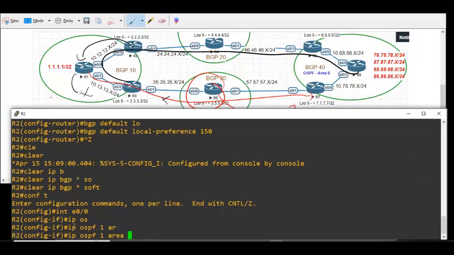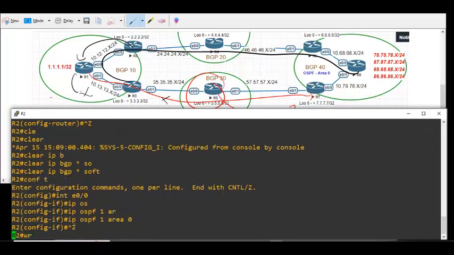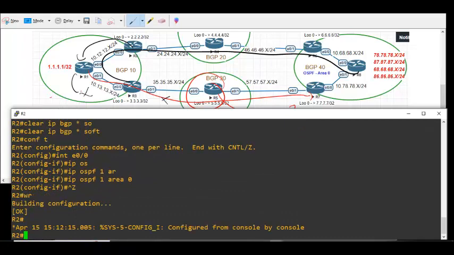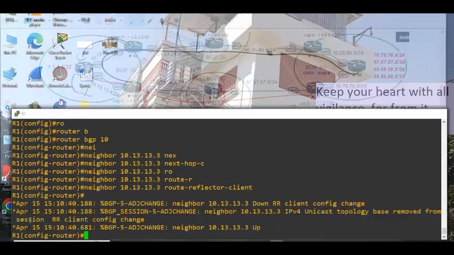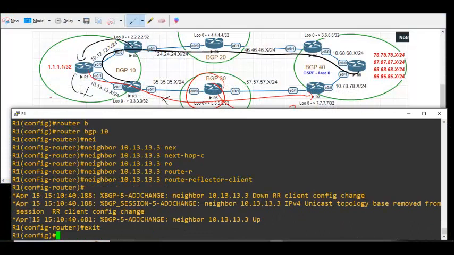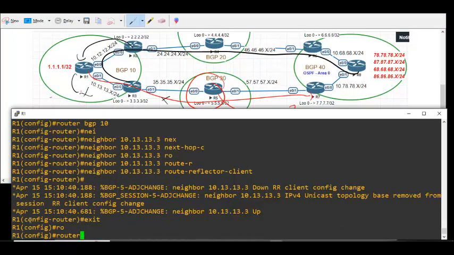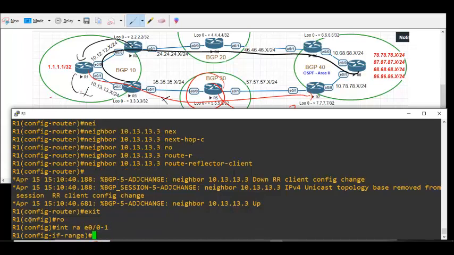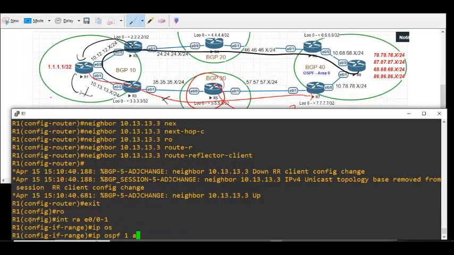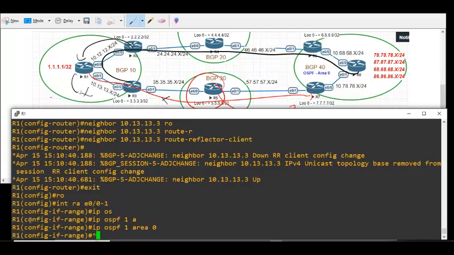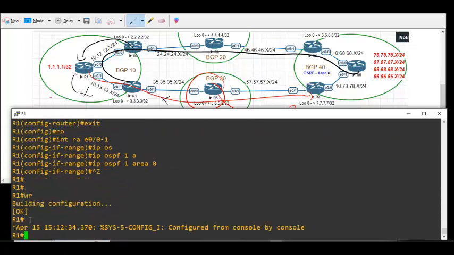Now, once the neighborship comes up, and then if you go to router 3 and see, you will see even router 3 will try to go via router 2. That is what our aim is. Show ip ospf neighbor. Two-way state, wait some time.